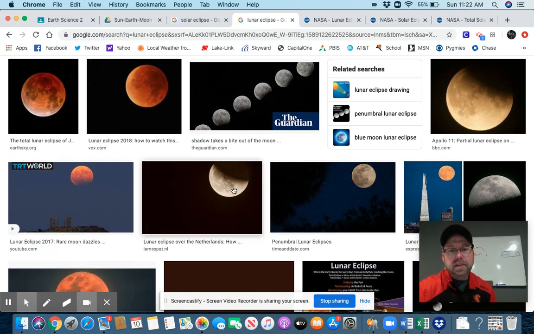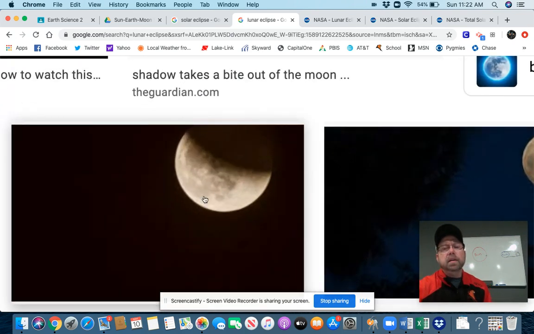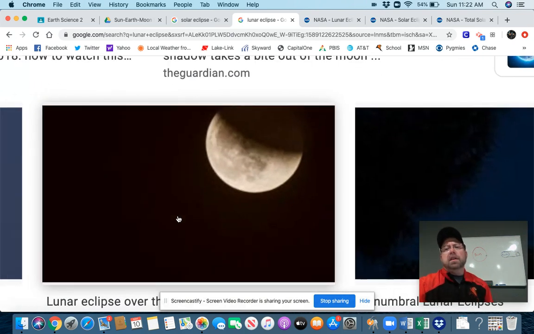And I love this picture right here because this is the picture that, regardless of how long ago humans were around, if they looked up in the sky and saw this, this was direct evidence that the Earth was a sphere, that the Earth is round, because it shows the shadow of the Earth on the moon is obviously curved.